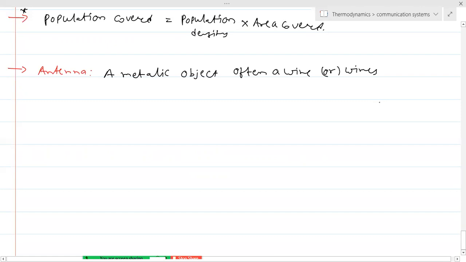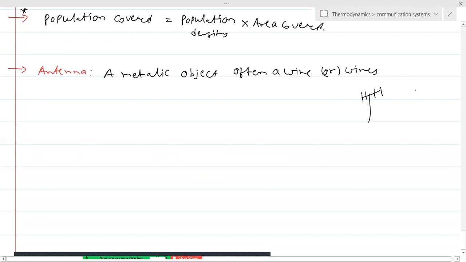In the olden days, we had TV antennas like this. Even now, we see this kind of antennas over police stations and some hospitals. Those are called antenna, a wire or wires. An antenna is used to both send and receive radio frequency signals.